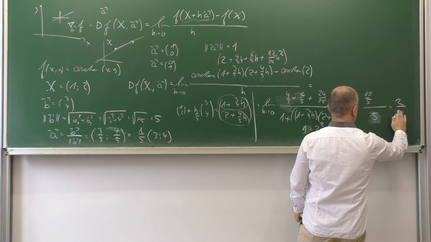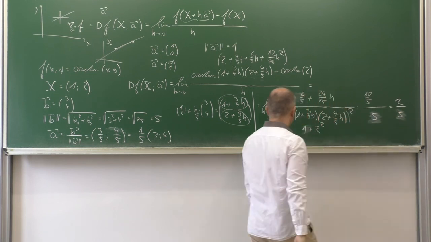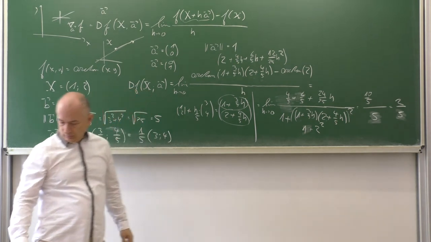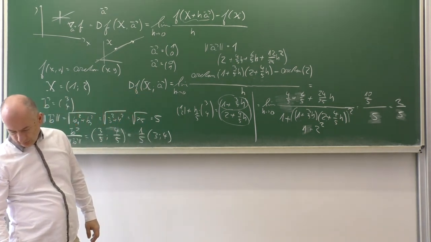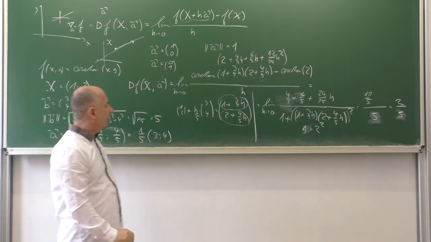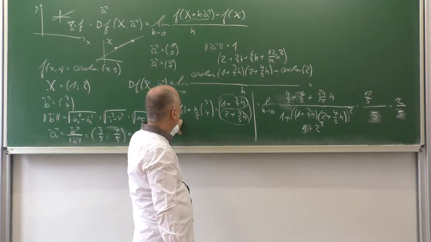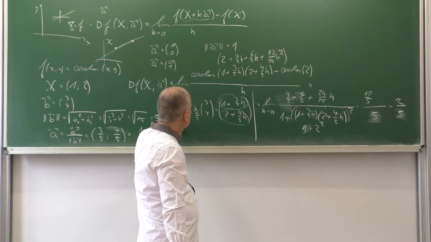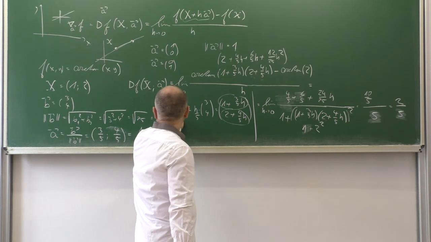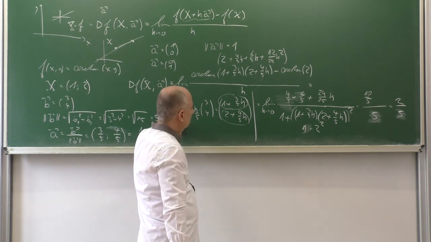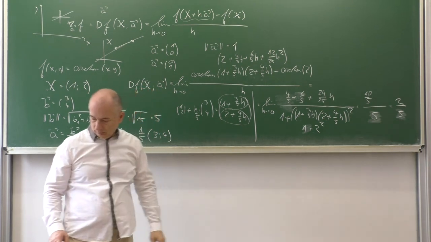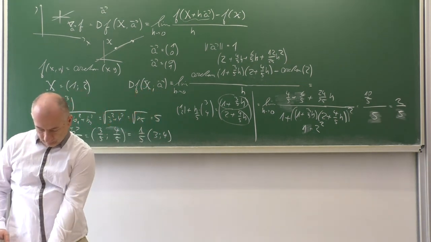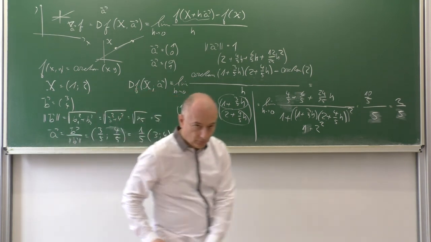So we have 2 over 5. No, 2 over 25. Okay, let me check this.